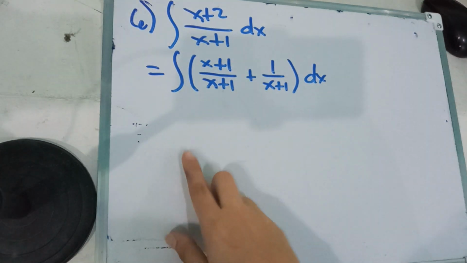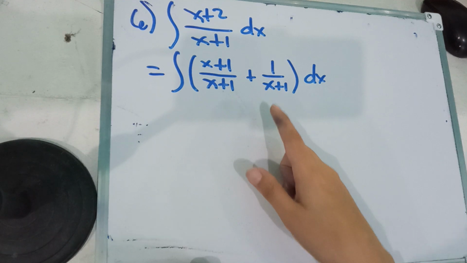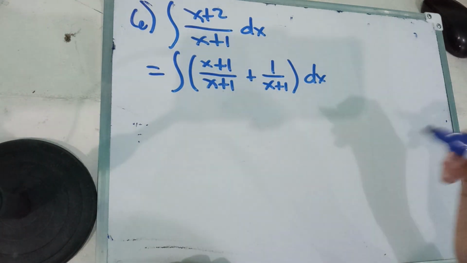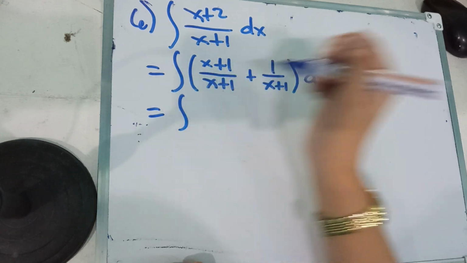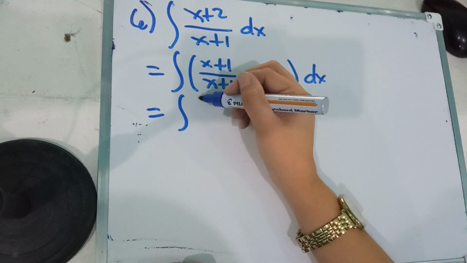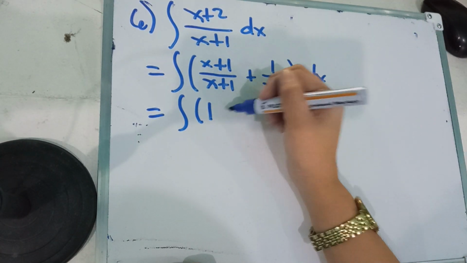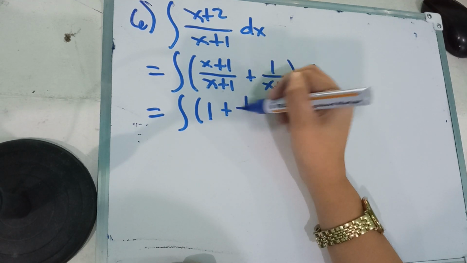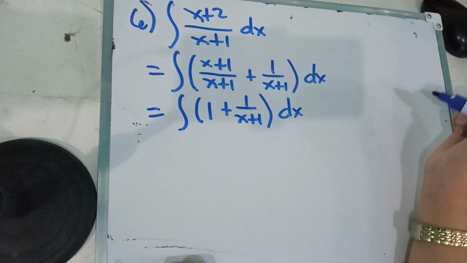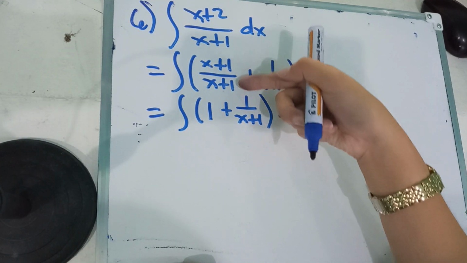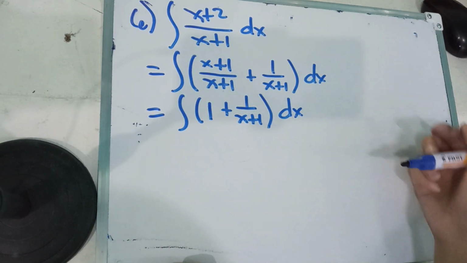Now for the numerators, x plus 1 plus 1 is simply x plus 2. Now further rewriting, that can be the integral of quantity of 1 plus 1 over x plus 1, right? Because x plus 1 over x plus 1 is simply 1.